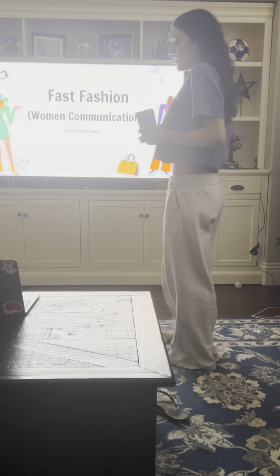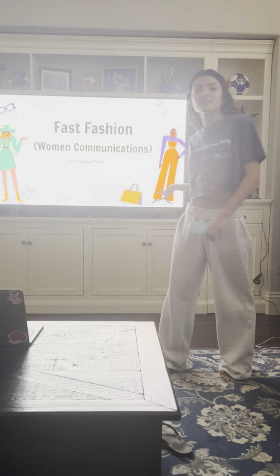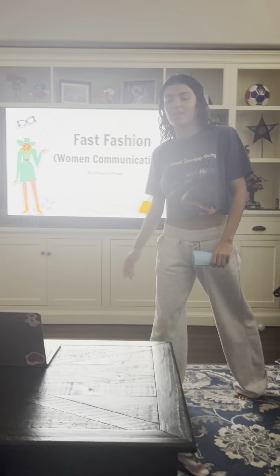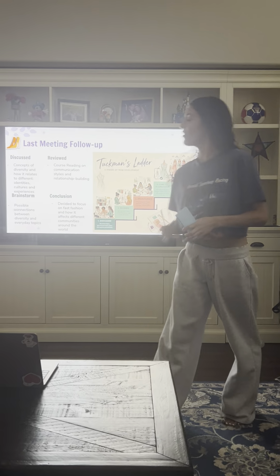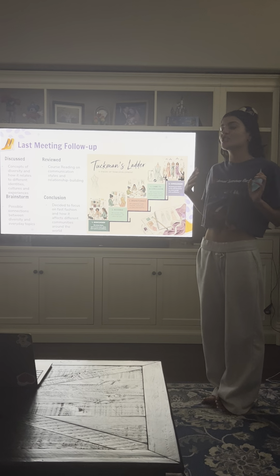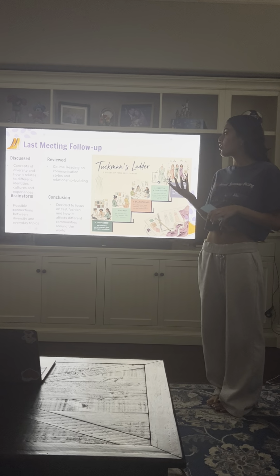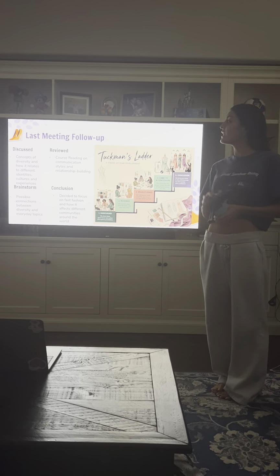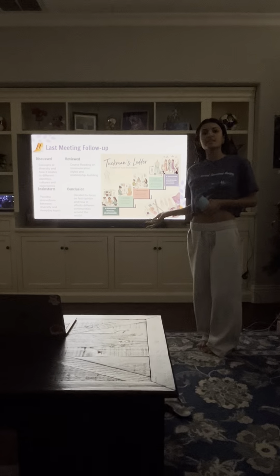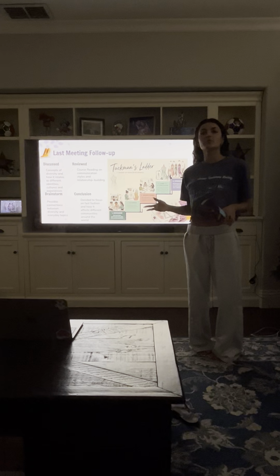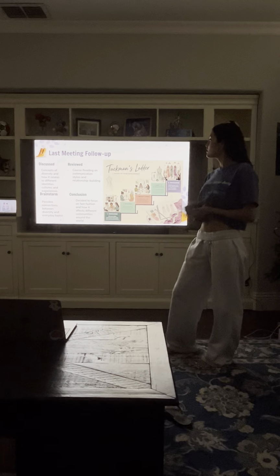Alright, so we're first going to be discussing our fast fashion women's communication created by me. On our last meeting, we discussed the concept of diversity and how it relates to our different identities, cultures, and experiences. We also brainstormed the connections between diversity and everyday topics.